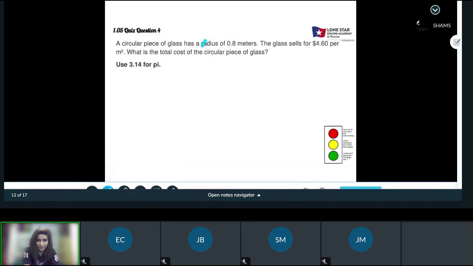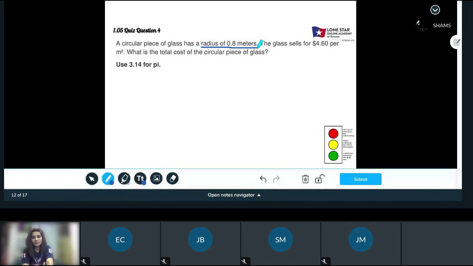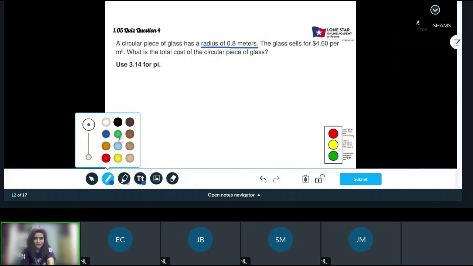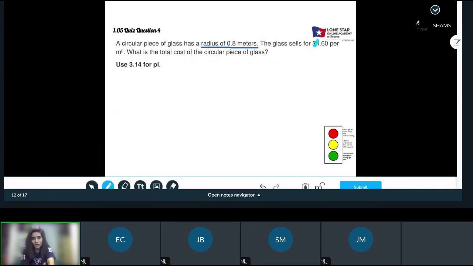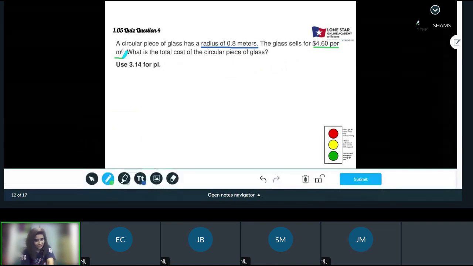Radius of 0.8 meters. Right? The glass sells for, and then I know the price, $4.60 per square meter, right? I know the cost of 1 square meter.